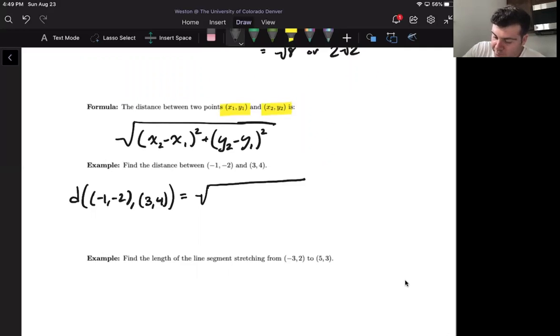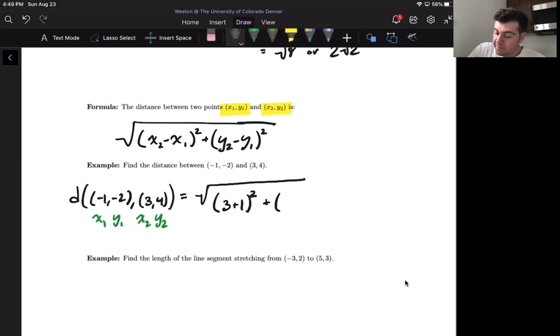So -1 is our x1, -2 is our y1, 3 is our x2, and 4 is our y2. And so we just plug those numbers in. That gives us 3 minus negative 1, squared, because the -1 and the minus sign combine to make a +1.